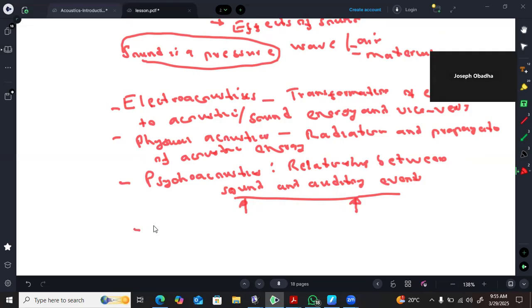We also have what we call physiological acoustics.